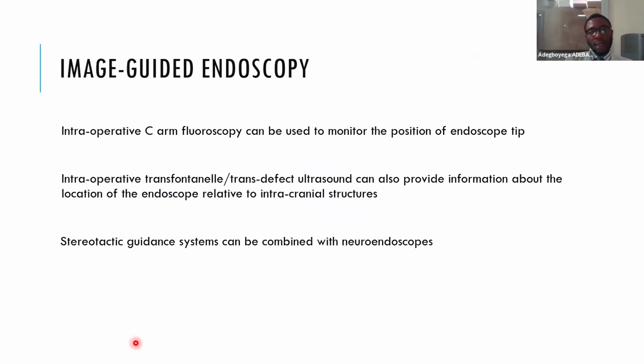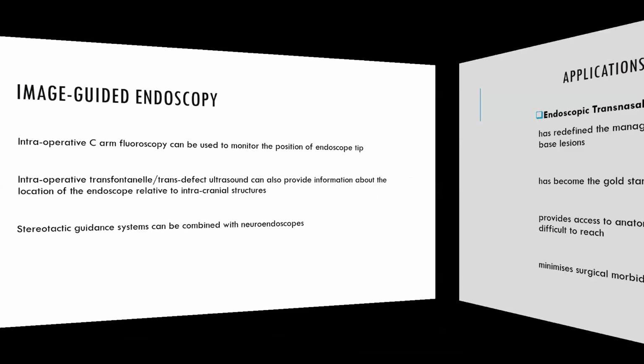Image-guided endoscopy: intraoperative CT fluoroscopy can be used to monitor the position of the endoscope tip at all times. Intraoperative ultrasound scan can also provide information about the location of the endoscope relative to intracranial structures. And neuroendoscopy can be done under stereotactic guidance.